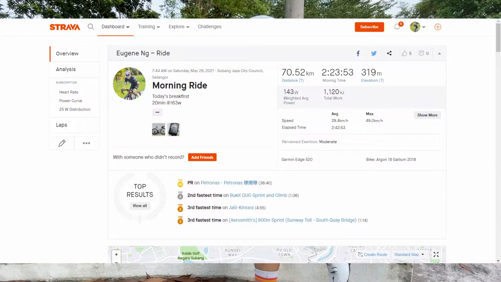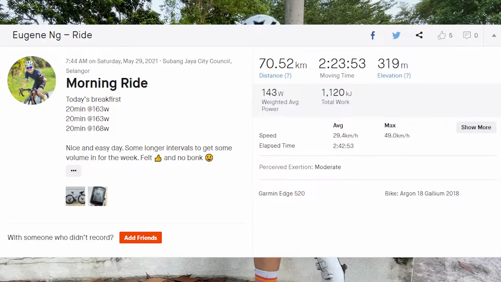Because don't forget that every individual has a different metabolism rate. Someone who is smaller might have a lower metabolism rate, someone who is heavier maybe can burn calories quicker. And so just because you complete one ride and it says that you have burned 1000 calories, or 500 calories, it's just a rough estimate.